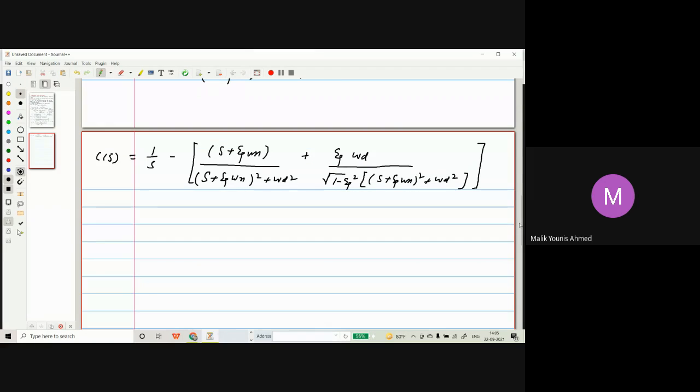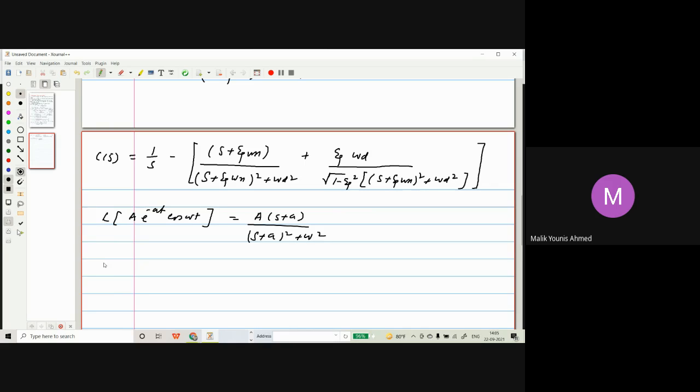Okay, now if you remember, last time I told you Laplace of a e raised to power minus at cos of omega t was equal to a into s plus a divided by s plus a whole square plus omega square.